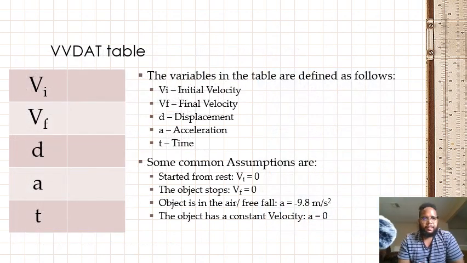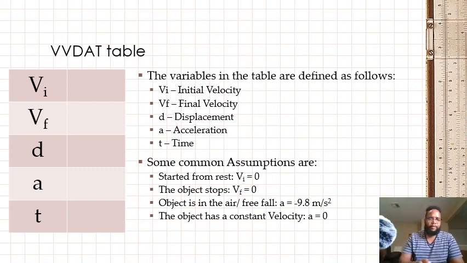Here's our VVDAT table. The variables in the table are defined as follows. VI is initial velocity, VF is final velocity, D is displacement, A is acceleration, T is time. Now here are some common assumptions. If you start from rest, rest means 0. That means your initial velocity is 0 meters per second. If the object stops, which means you were moving and then now you're not moving, that means your final velocity is 0.